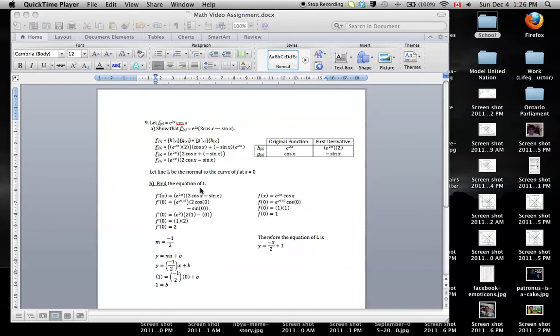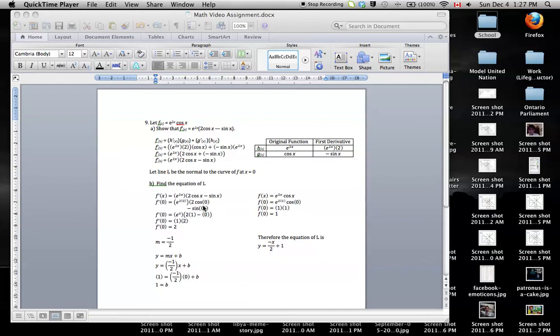So, we input 0 into our derivative, and we get e to the power of 2 times 0, which gives us e to the power of 0, times (2 cos 0 minus sine 0).